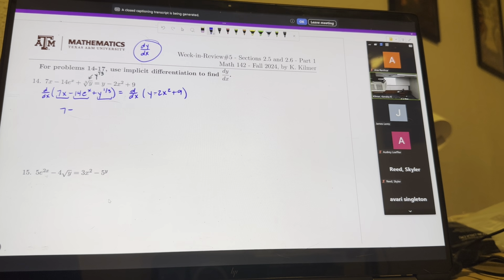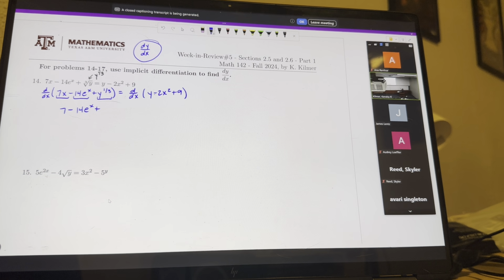Minus, what's the derivative of 14 e to the x? 14 e to the x. Plus, and this is where we have to be careful. When I am doing implicit differentiation, if I am taking the derivative of an expression involving just x, I treat it just like I did previously. Nothing special whatsoever. I'm just applying my derivative rules.